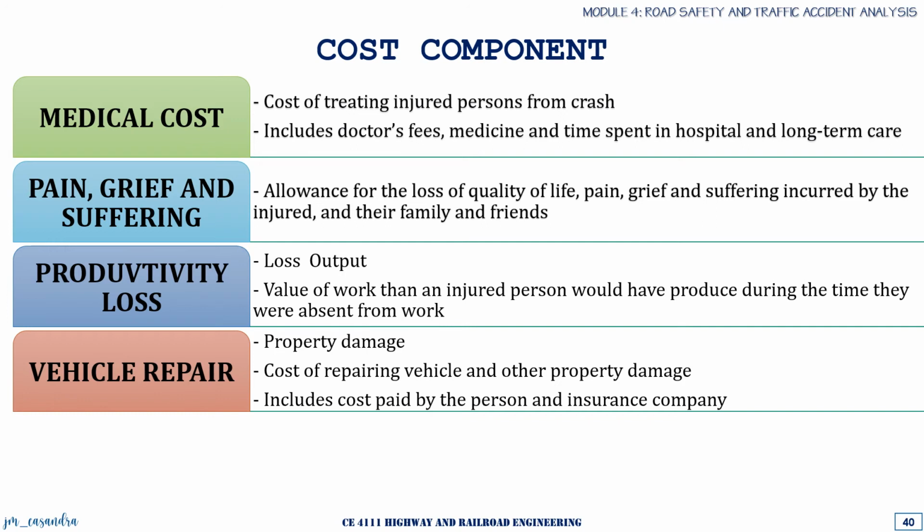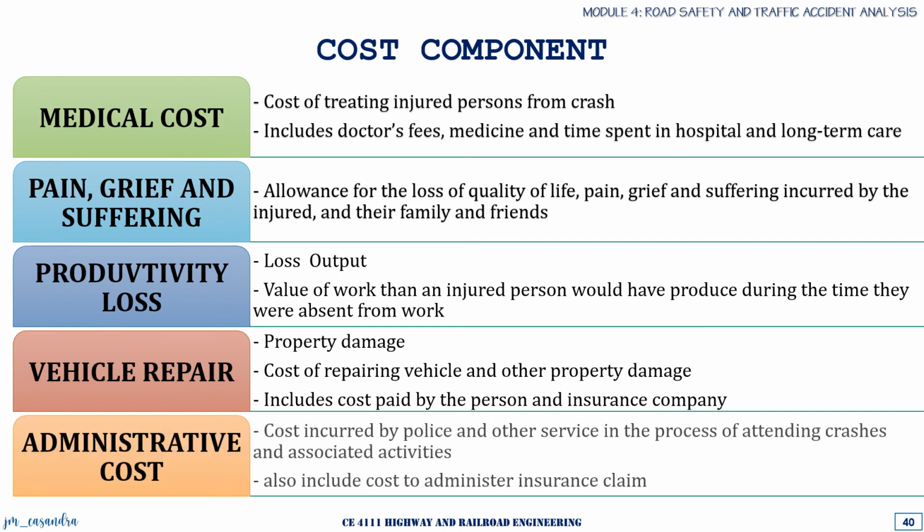So next we have the administrative cost, which is the cost incurred by the police and other services in the process of attending crashes and associated activities. This could also include the cost to administer insurance claims. Aside from this, it could also include legal services, which is taken as a percentage of the total resource cost.